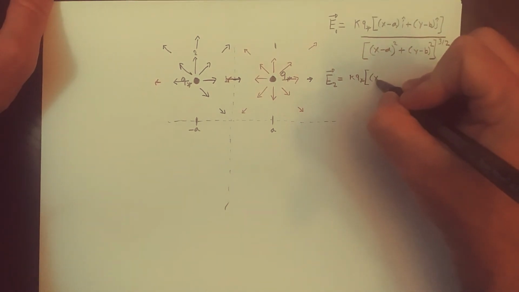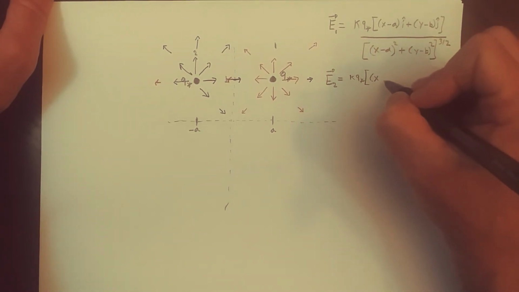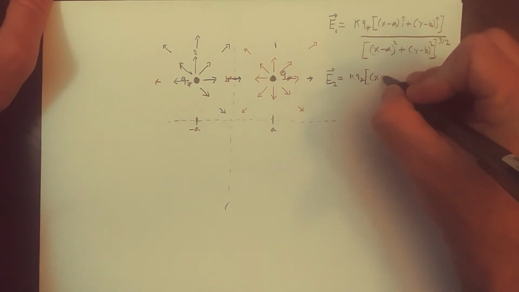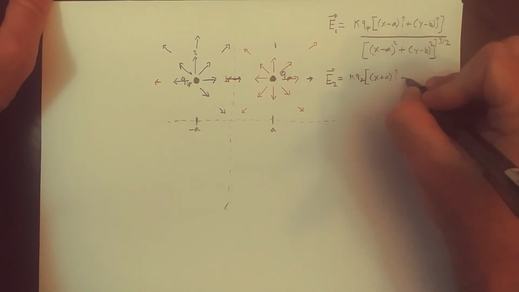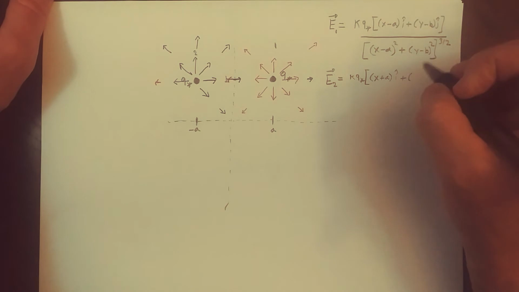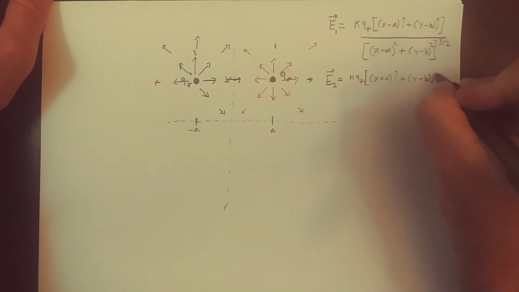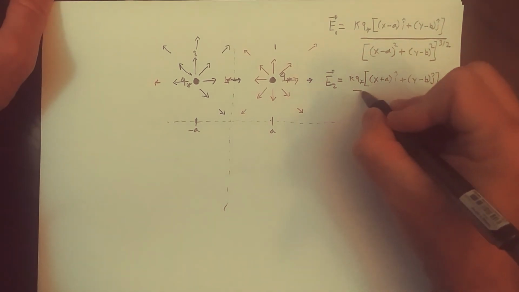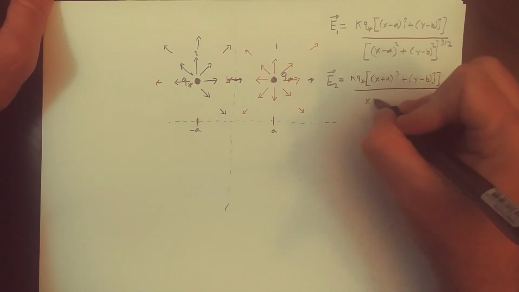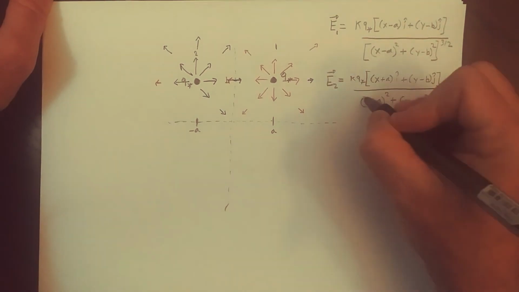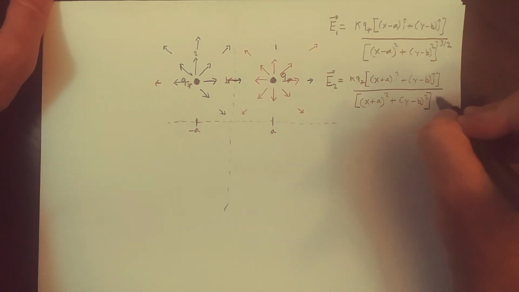Now we have x minus the x coordinate of this particle, but that's minus a. So we get x minus minus a, that's x plus a, i hat, plus y minus b, that's unchanged, right? That's the same as for the other particle. And we divide that by x plus a squared plus y minus b squared, all of this to the 3/2.